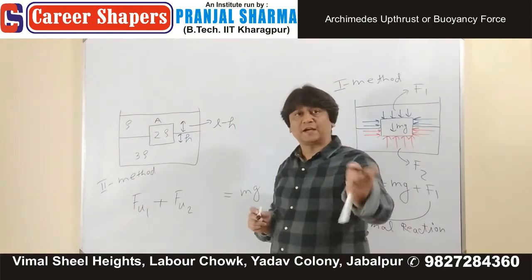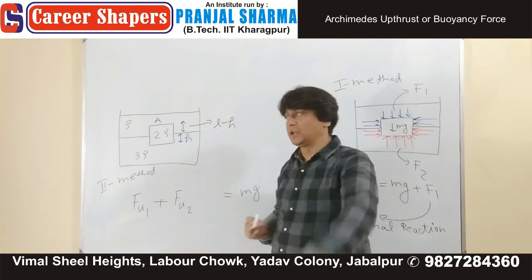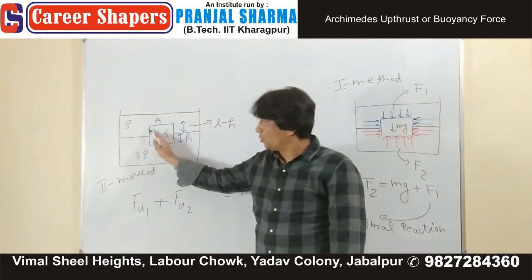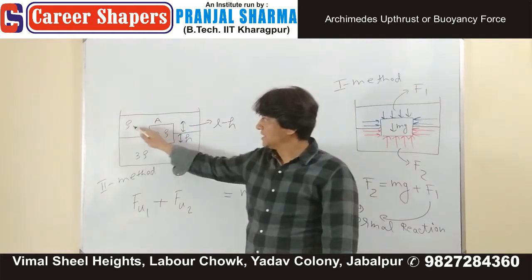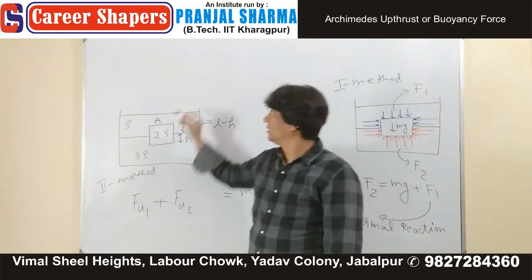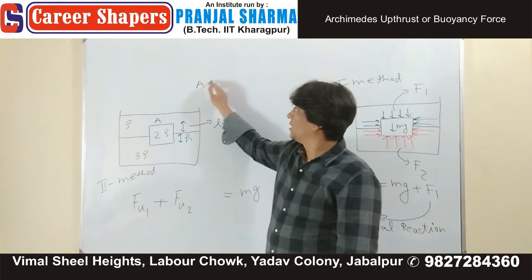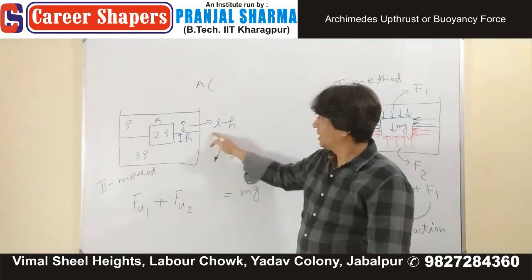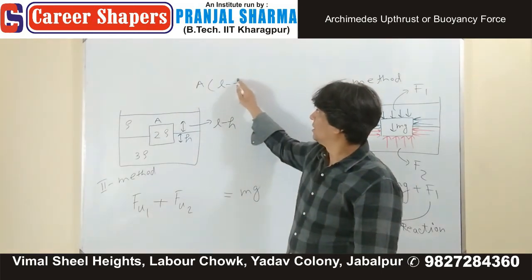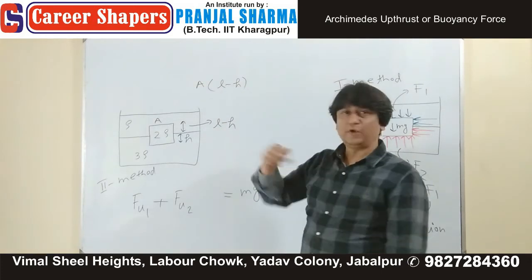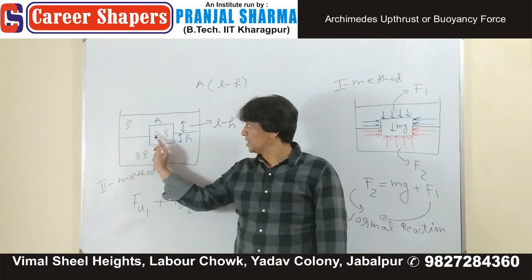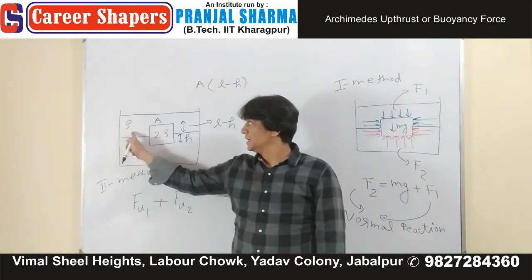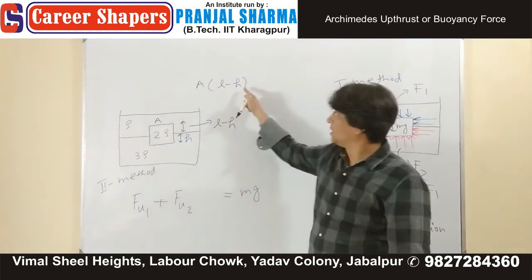Volume of object submerged inside the liquid. How much portion or how much volume of the object is inside the first liquid? A multiplied by L minus H. Hopefully समझ में आ रहा होगा. केवल जो upper portion है इस object का is inside the first liquid.